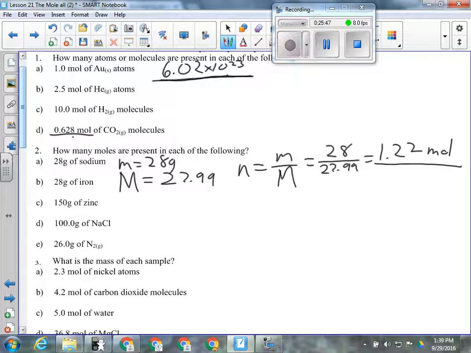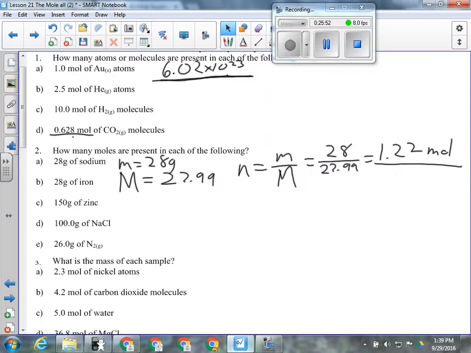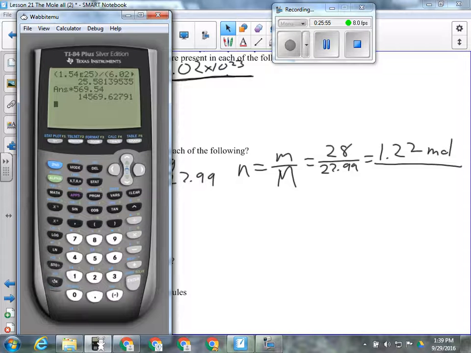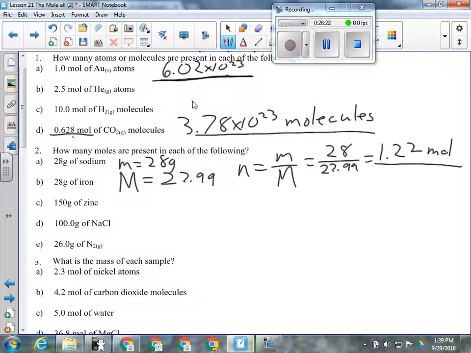So I have 0.628 times 6.02, and then remember that we have to enclose it in brackets, 6.02E23. All right, 3.78 times 10 to the 23. Okay, everybody all right with that?